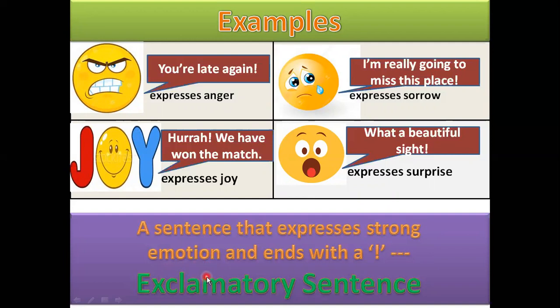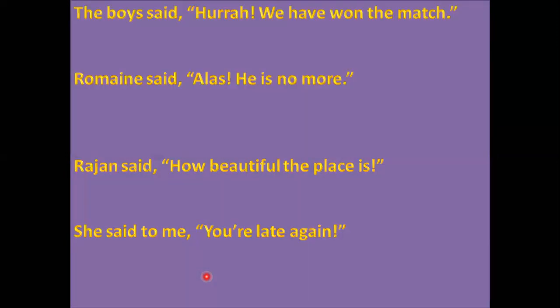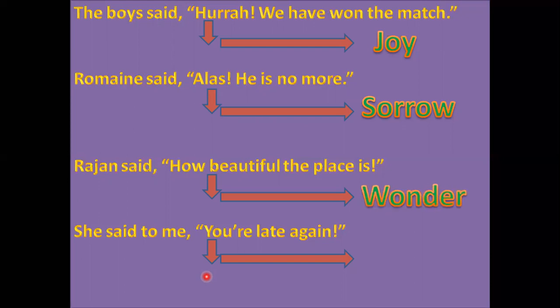Okay, let's go ahead and let's take down some sentences. I hope you can clearly see some sentences in front of yourselves. What do these sentences express? Let's see. The first sentence expresses joy. Second sentence, of course, expresses sorrow. The third sentence expresses wonder at the beauty of the place.